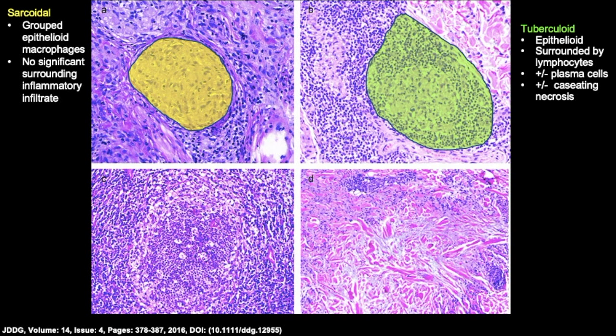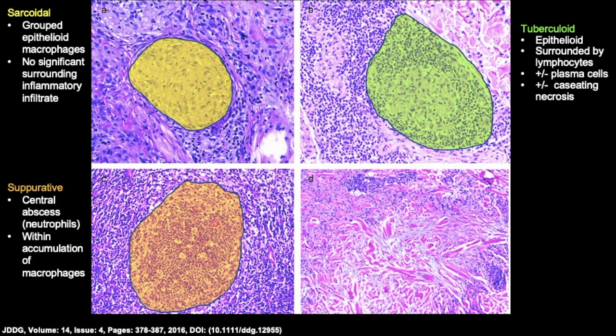If you look, for example, into this picture, you see those tingible body macrophages that look like, if you look into a follicular center of a lymph node, those germinal center areas where it looks like an abscess formation. And usually, the etiology is infection. So you have to do a little bit of further testing to identify the causative agent.